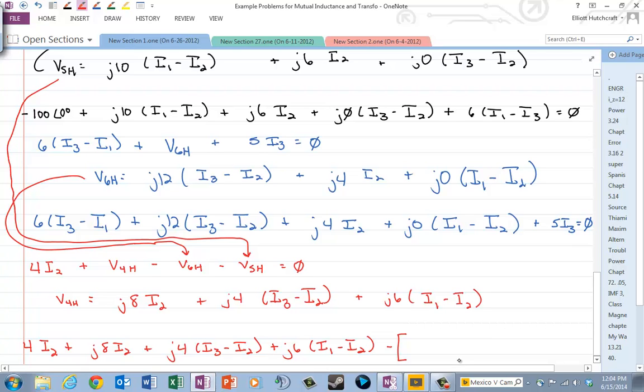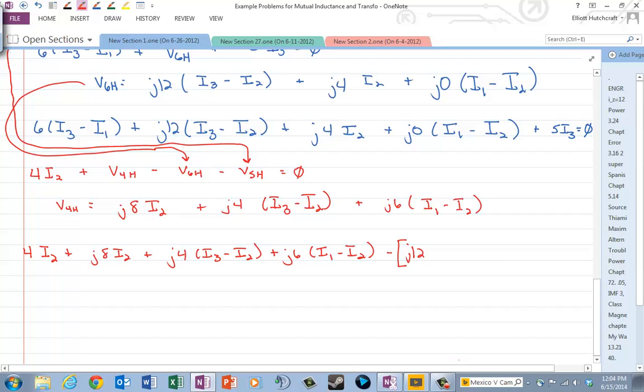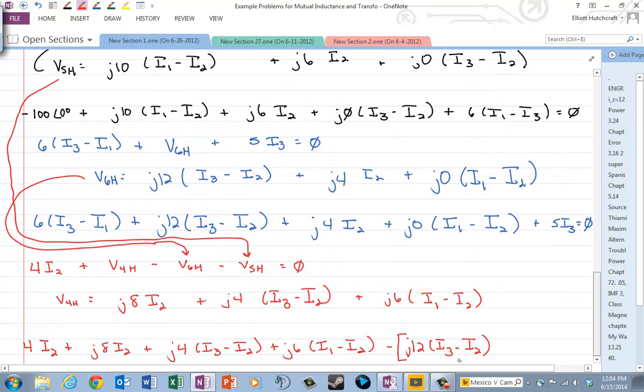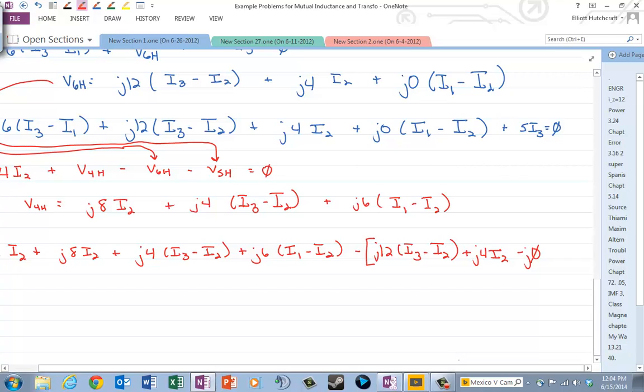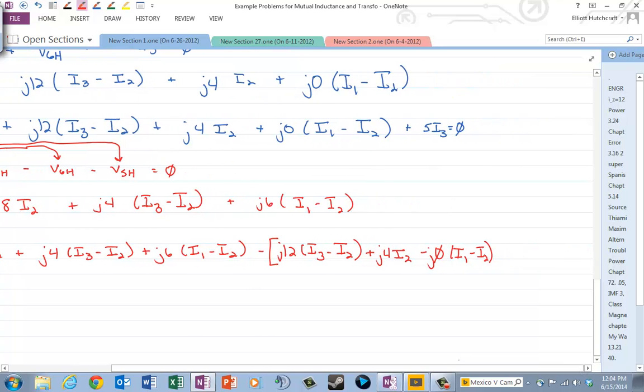J12 I3 minus I2 and plus J4 I2 minus J0, which obviously, again, we don't need to include that term, I1 minus I2. Close that bracket.